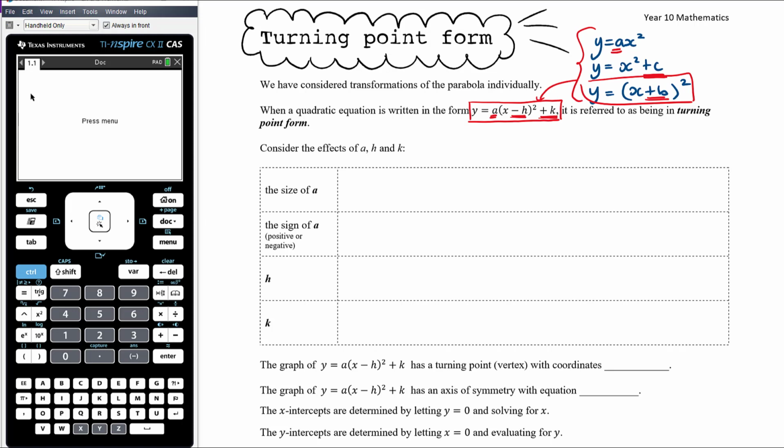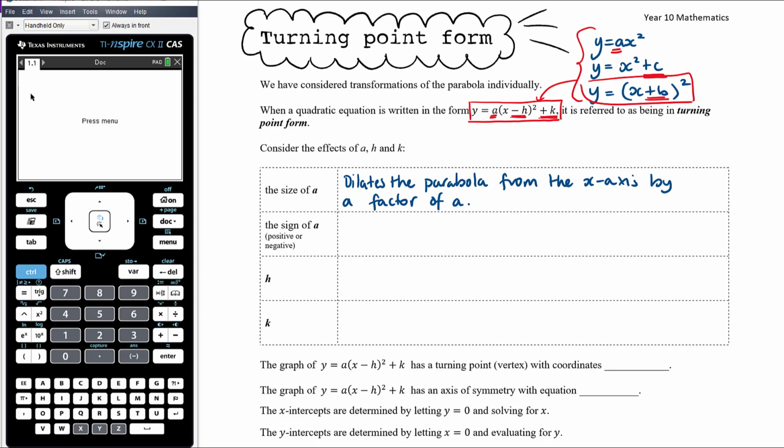So the size of a dilates the parabola from the x-axis by a factor of a. Okay, and again, just the size of a, so it wouldn't be a dilation factor of negative 2. If a was negative 2, it'd be a dilation factor of 2.